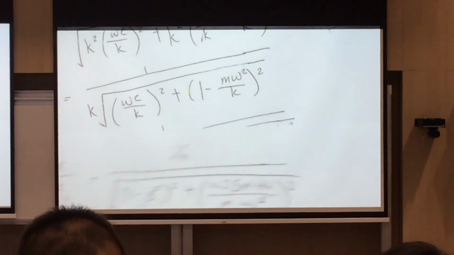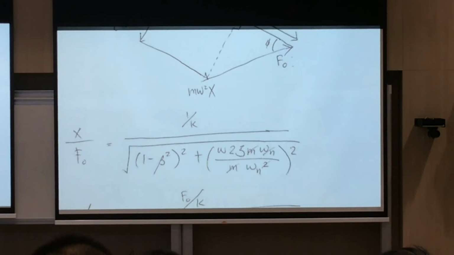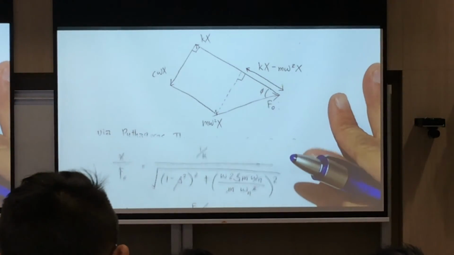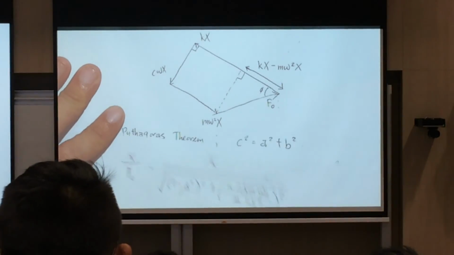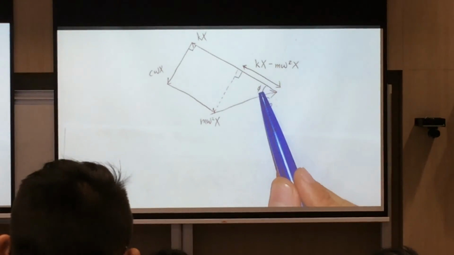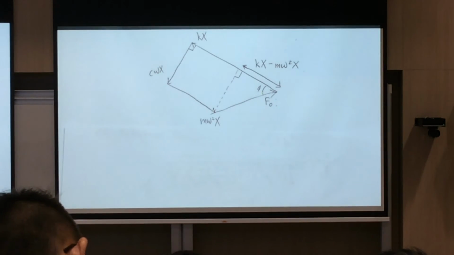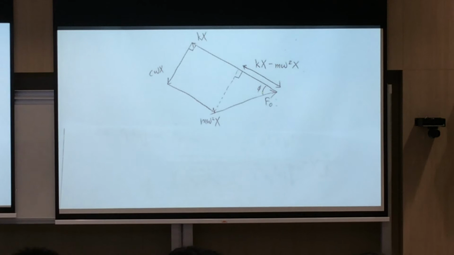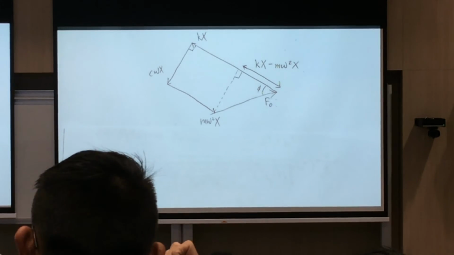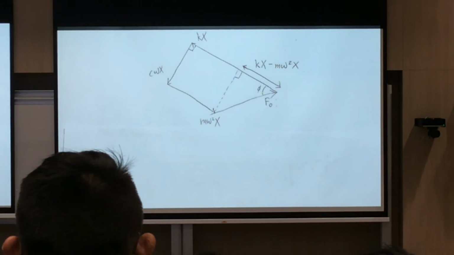So let's go back to our polygon. Okay. So our phi is here. We need to derive for that. How are we going to do that? By geometry, what relationship can we get from phi?